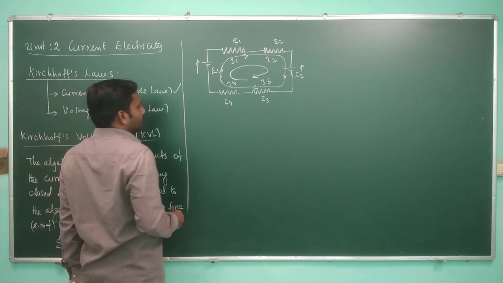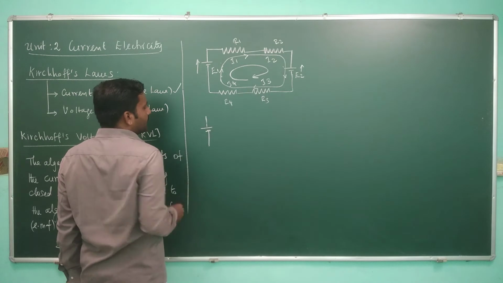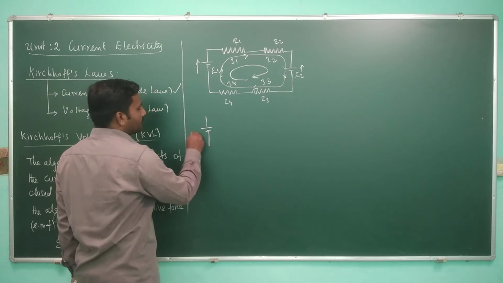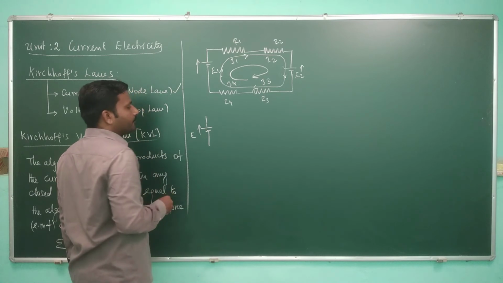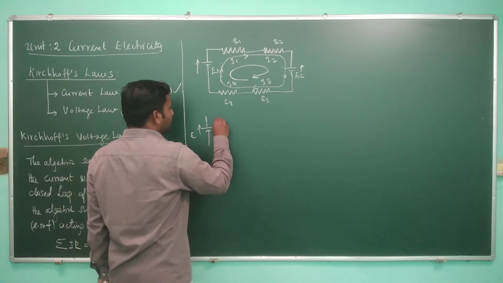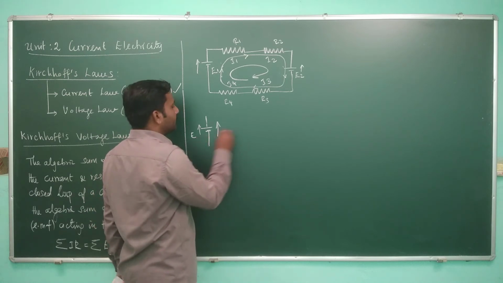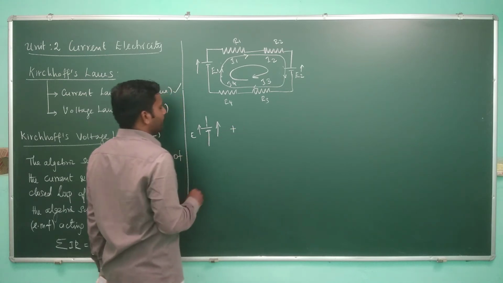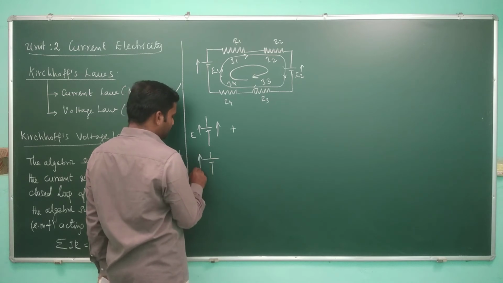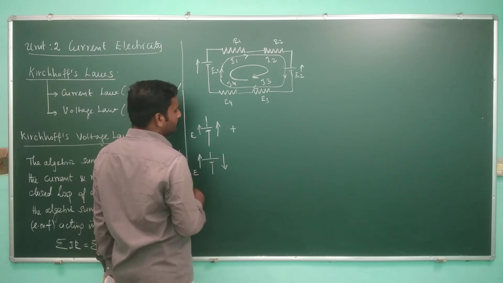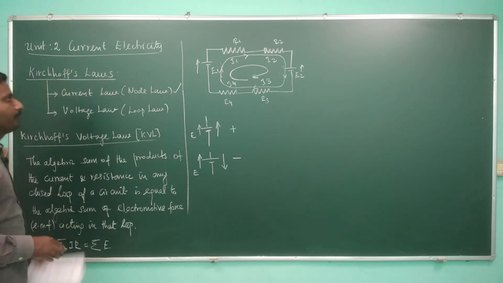If the direction of the loop is equal to the direction of the current flow, suppose you are considering a battery like this and current is flowing in this direction, and the loop direction is also the same as the direction of the current, then you have to put a plus symbol. If the loop direction is opposite to that of the current direction, then you have to put the minus sign while taking the algebraic sum, right?